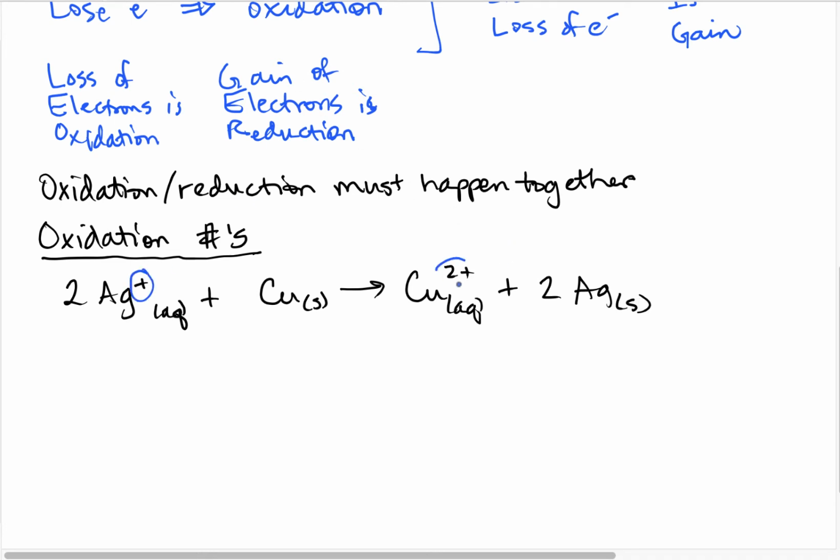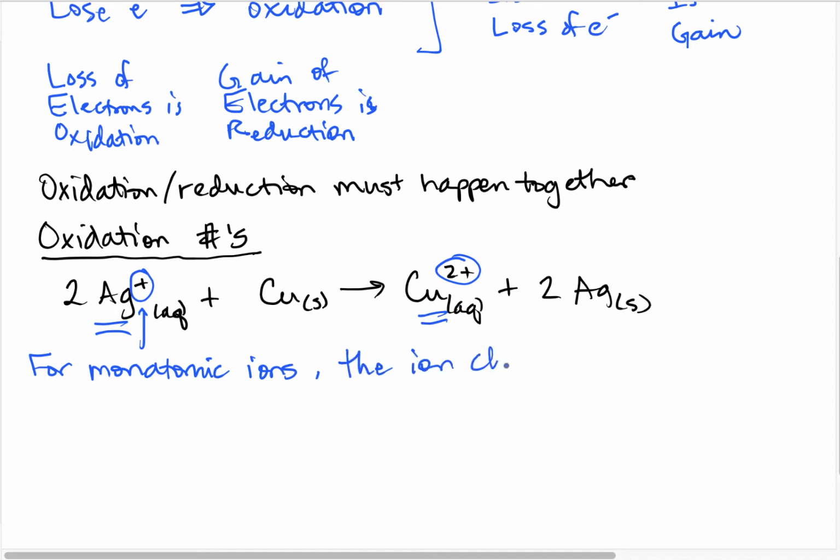These guys are ion charges, and this also is the oxidation number. So for monatomic ions, like silver and like copper, the ion charge equals the oxidation number.